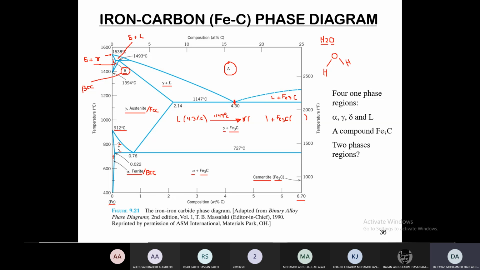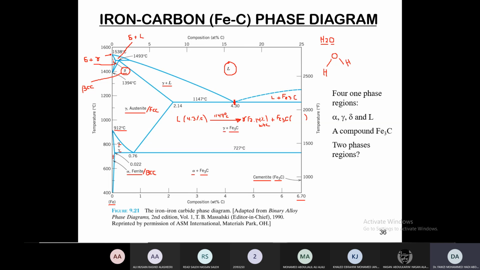To find that, once we are below the eutectic isotherm, we can draw the tie line. We intersect the gamma here, because this is the gamma phase. So it basically has 2.14% by weight carbon.